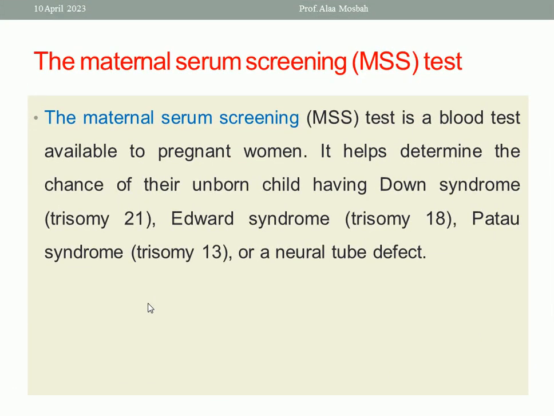Okay, what about the maternal serum screening test? The maternal serum screening test is a blood test, simple like that, available to all pregnant women. It helps determine the chance of their unborn child having Down syndrome, Edward, or Patau syndrome, or a neural tube defect.